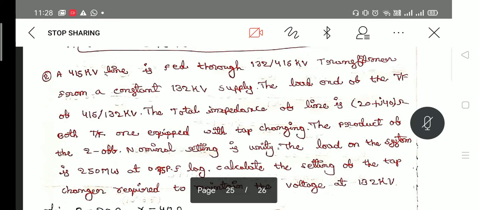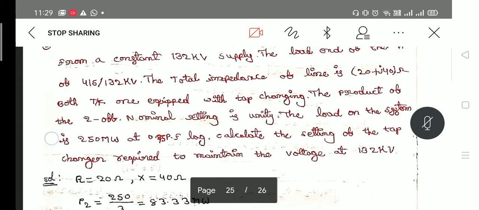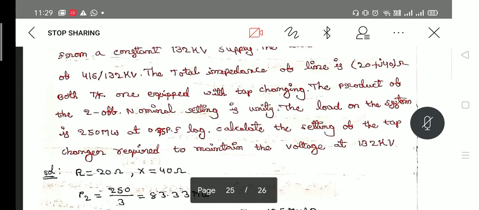Both transformers, one is equipped with tap changing. The product of the two nominal settings is unity. The load of the system is 250 megawatts at 0.75 power factor lagging. Calculate the setting of the tap changer required to maintain the voltage at 132 kV.